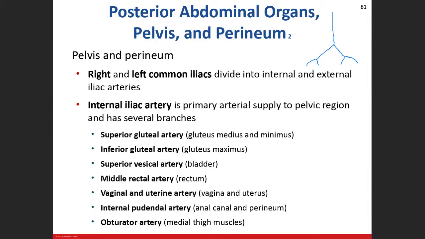I'm not going to go through them again, but keep in mind that they're going to supply the internal structures of the pelvic region and some of the posterior structures on the pelvis, like your gluteal muscles, for example. So the superior and inferior gluteal arteries are going to supply your rear end muscles. So go through these, just review that.